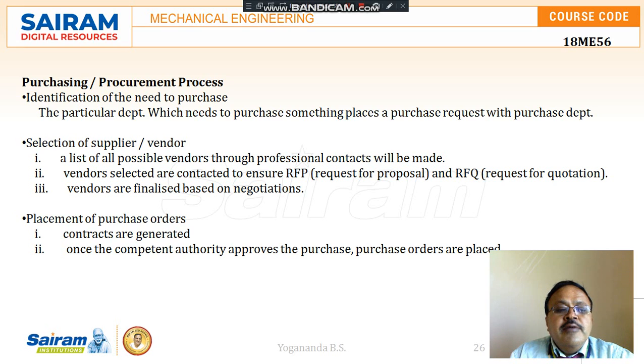The selected vendors will be contacted and asked to send the request for proposal. That is, the proposal should be sent from the vendor, explaining about the materials available with them, and the price quotation should also be sent to the buyer.